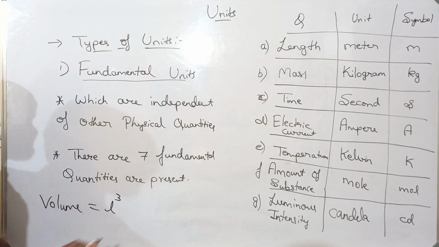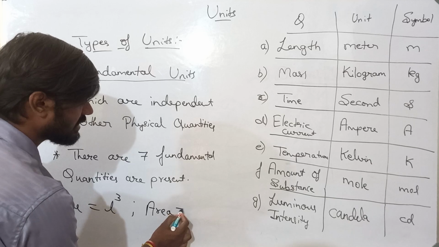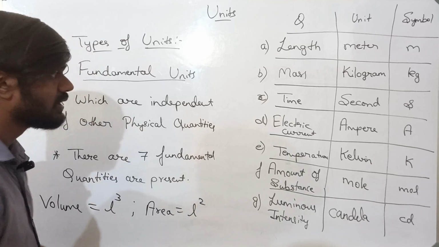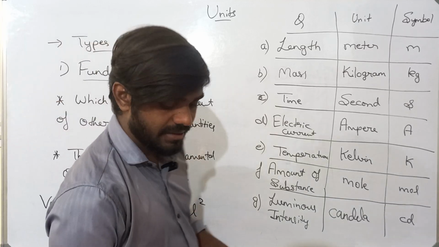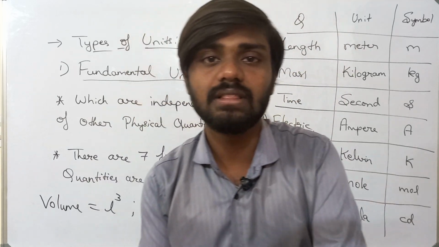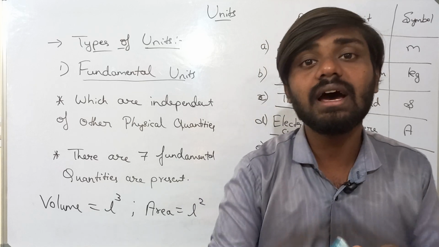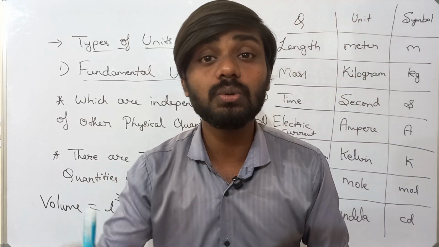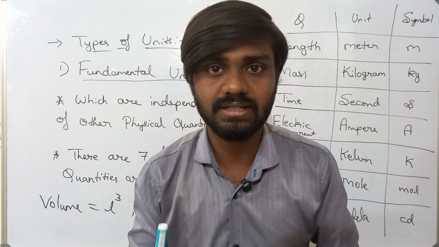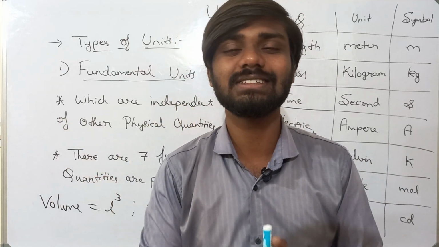L cube. Area, L square, correct? So fundamental quantities are those which are independent. The derived quantities are those which are dependent. There are in total 22 derived quantities present in our nature and many more. I hope you got this.